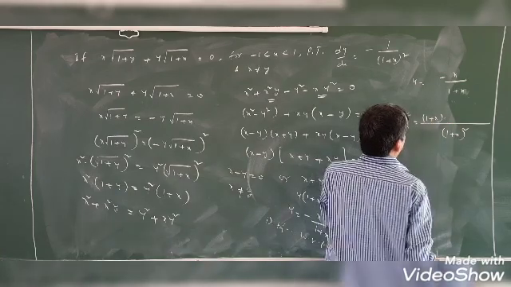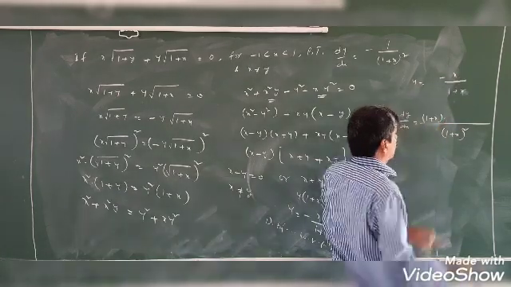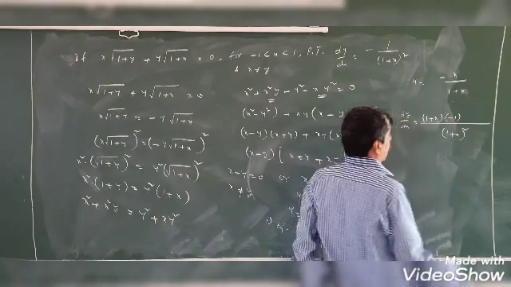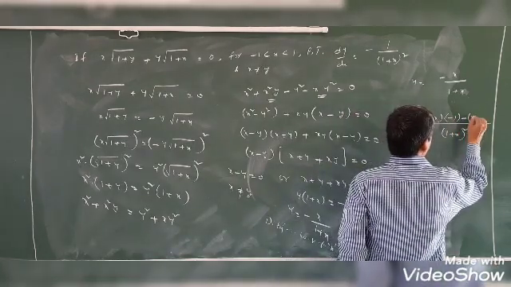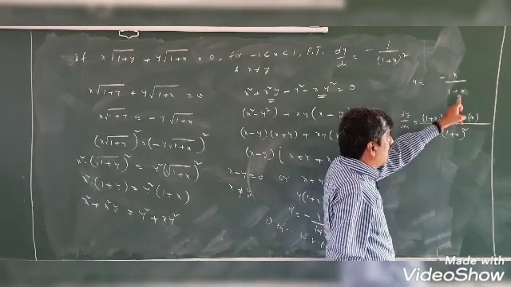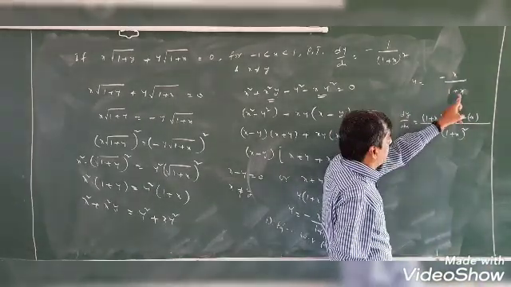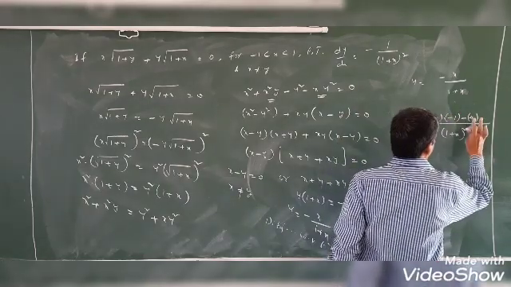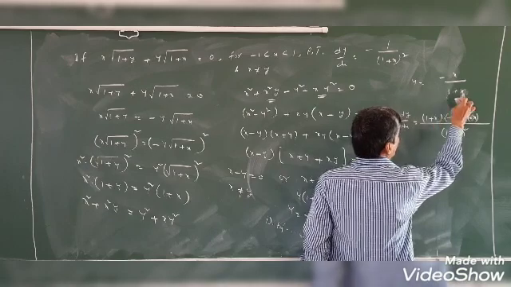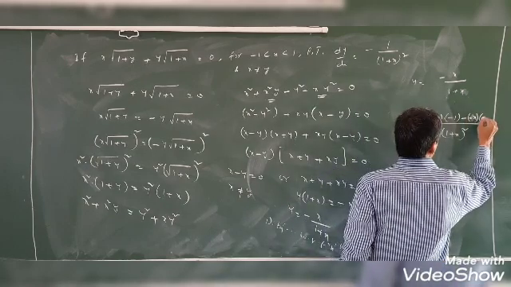Denominator into d by dx of minus x, which is minus 1, minus numerator, minus x, into derivative of the denominator, d by dx of 1 plus x, which is d by dx of 1 is 0 plus d by dx of x is 1.